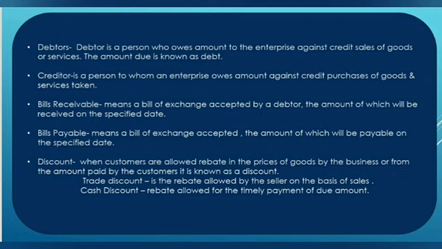So the difference between your debtor and creditor is, a creditor is a person to whom an enterprise owes an amount, whereas a debtor is a person who owes an amount to the enterprise. That person is called your debtor, and the amount due is called your debt.